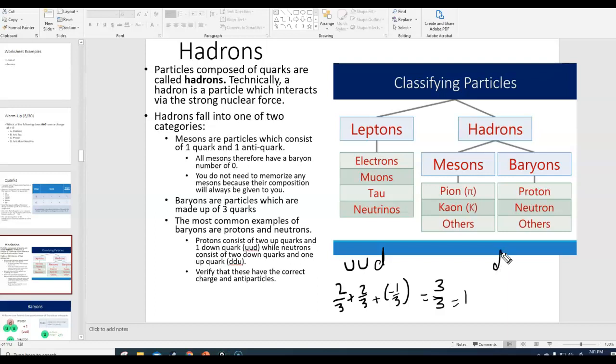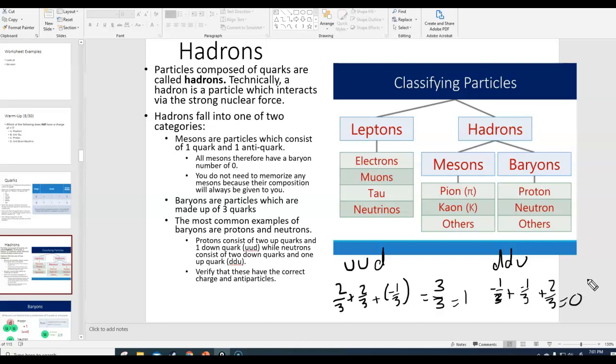Likewise, a neutron, which is down, down, up, 2 down quarks and an up quark, would have a charge of -1/3 plus -1/3 plus 2/3, which would give an overall charge of 0.